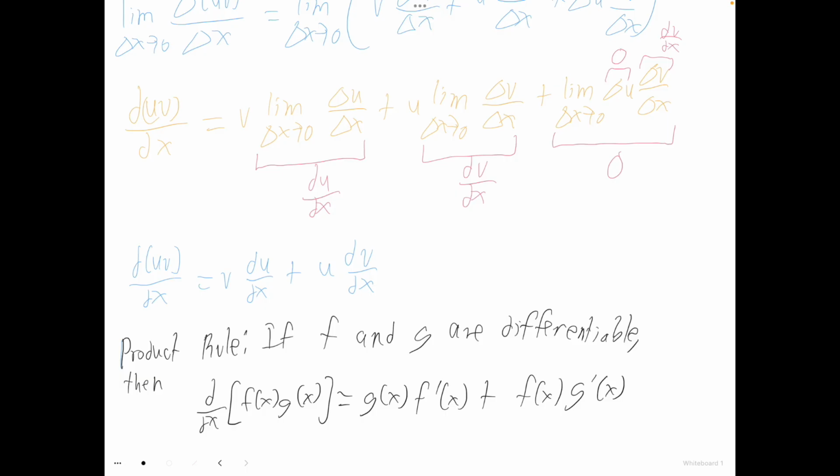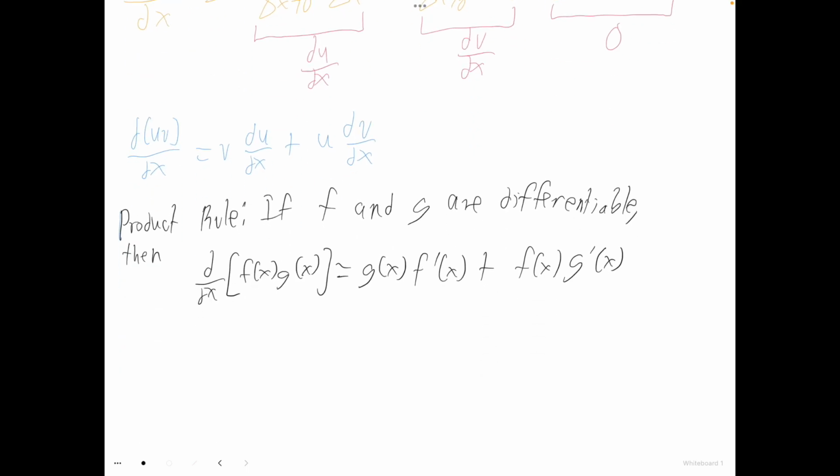And so this then gives us that the derivative of f times g is f prime times g plus f times g prime. And so we were able to compute the actual way that we take the derivative of a product of two things.